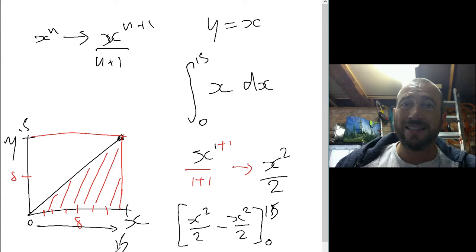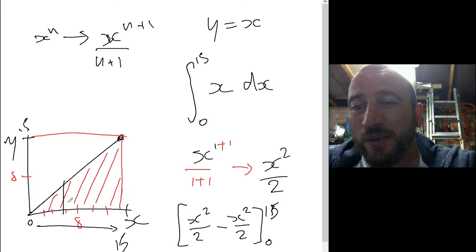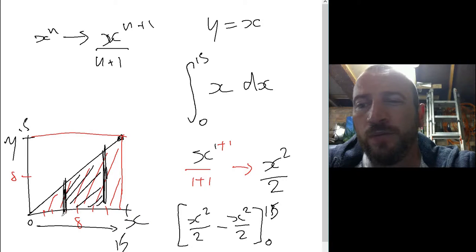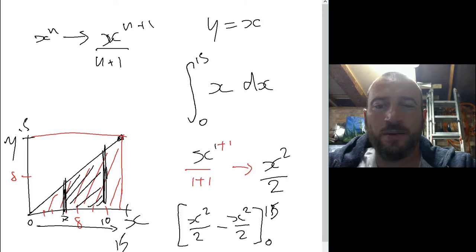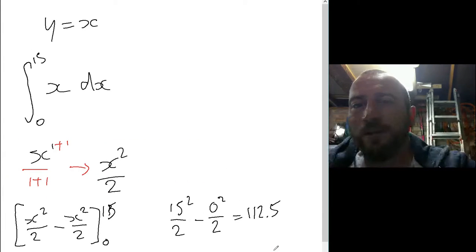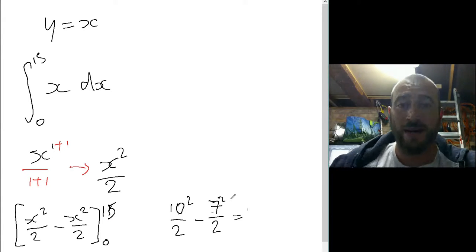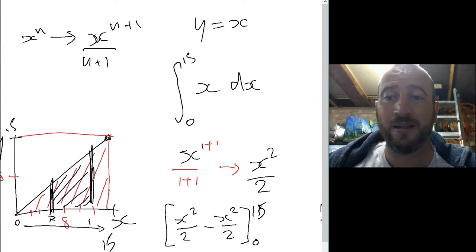Now the handy thing about this is we didn't need to use 0 to 15 as our limits. We could have used any section we like. We could have had from there to there. If we assume those limits are 7 and 10, and we write our formula with 10 and 7 instead of 15 and 0, we'll get the area under the line that we shaded in black there.